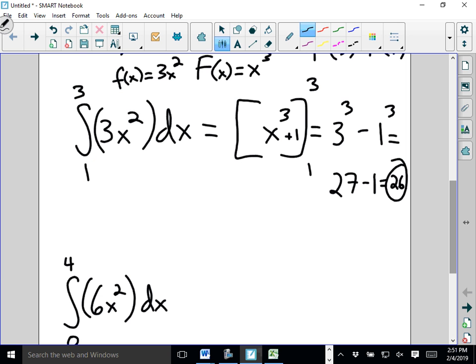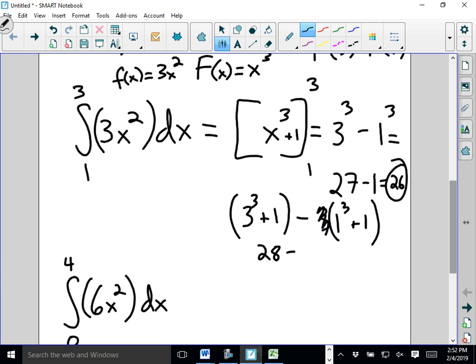Now, I don't know why I would make it harder on myself, but it shows that this will work. Then to evaluate this, I'd have 3 cubed plus 1, that would be capital F of b, minus 1 cubed plus 1. If I evaluate this out, I get 28 minus 2, I'd still get 26 as an answer. So I can really use any antiderivative I want, but please let C be 0 to just make this easy.